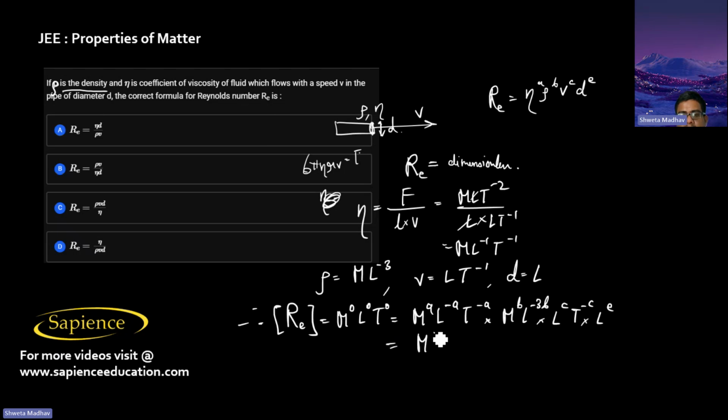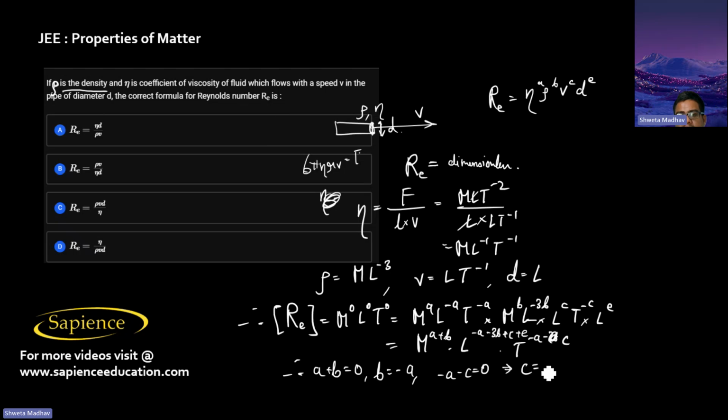So that will be M power a plus b, into L power minus a minus 3b plus c plus e, into T power minus a minus c. So therefore, a plus b should be 0, so b should be equal to minus a, and minus a minus c should be 0 also, so c should also be minus a.